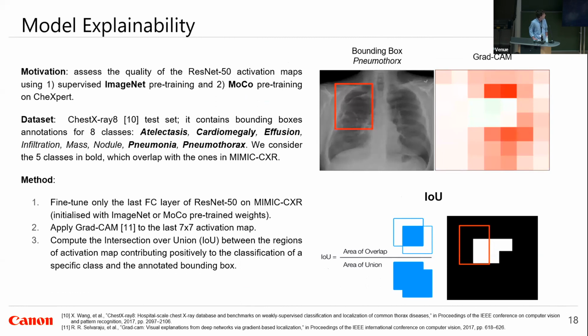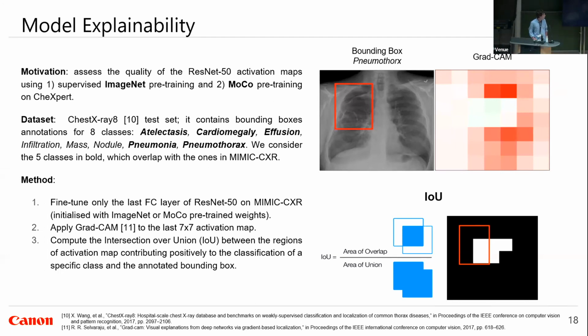We finally wanted to assess the quality of the attention activation map using supervised ImageNet pre-training and MoCo pre-training on CheXpert. To do so, we consider another data set, which is ChestX-ray8, which contains bounding box annotations for 8 classes, and we only consider the classes that overlap with MIMIC-CXR. So atelectasis is one of those highlighted in bold.